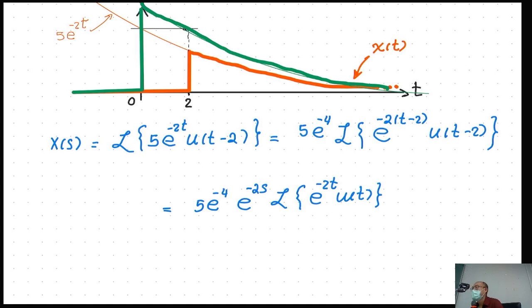We recognize that e to the negative 2t u(t) has a Laplace transform 1 over s plus 2. So 5 e to the negative 4 e to the negative 2s over s plus 2 is the answer.